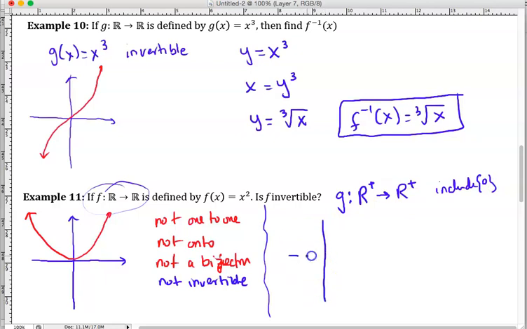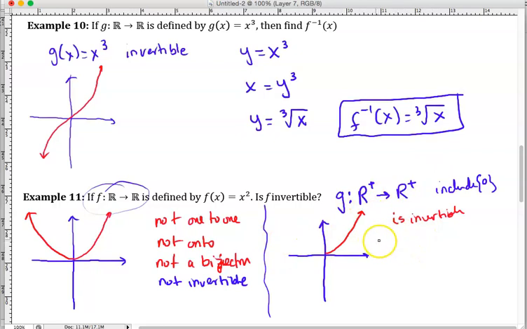Then the function that I'm looking at here, g, is going to be this part. Okay, so it's just going to be the positive part of the f function. Then this is invertible. Okay, because it is 1 to 1 over that domain, and it is onto over that codomain.